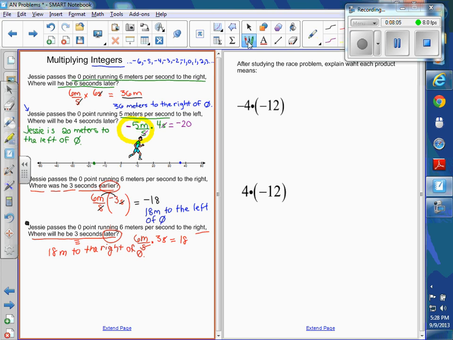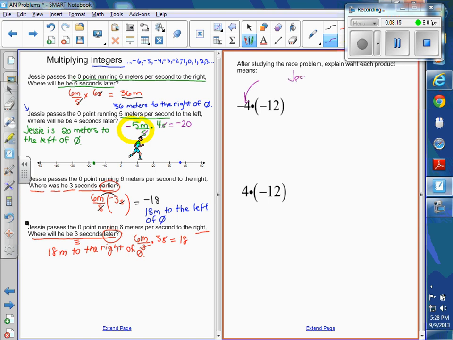So there's one way we could explain this. This could be speed. We could say that Jesse is running to the left at a rate of 4 meters per second.